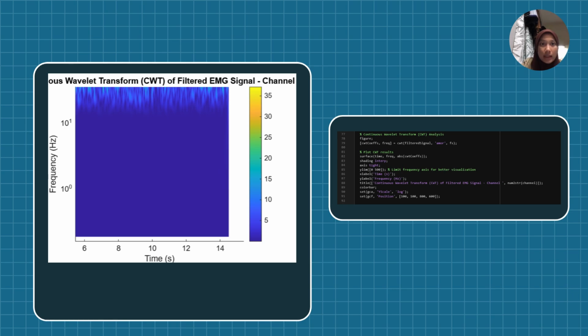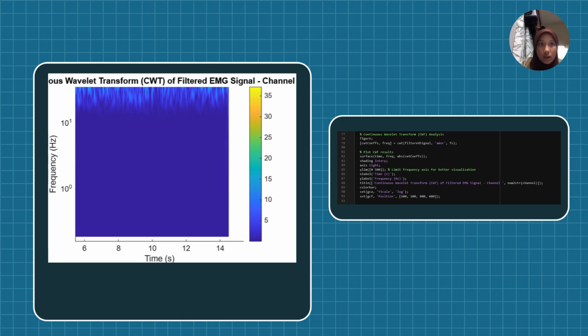This is the MATLAB script used for CWT analysis, which has three main things. The first one is computing the CWT, where the CWT function extracts wavelet coefficients across different frequencies. The second one is plotting the result.